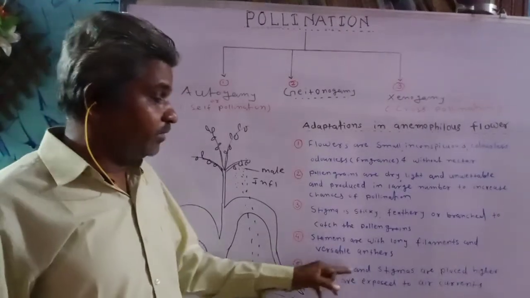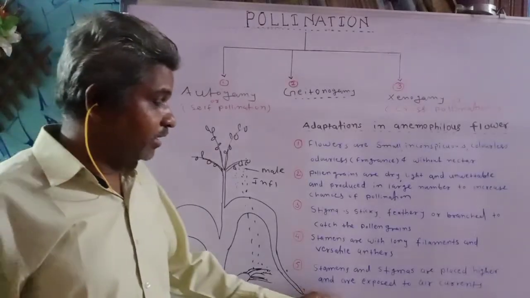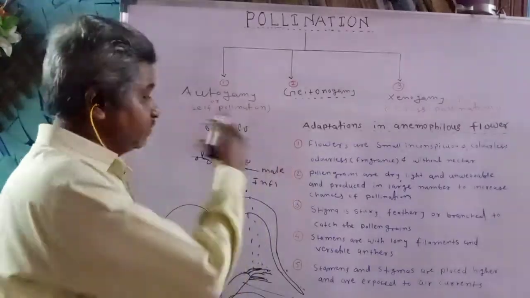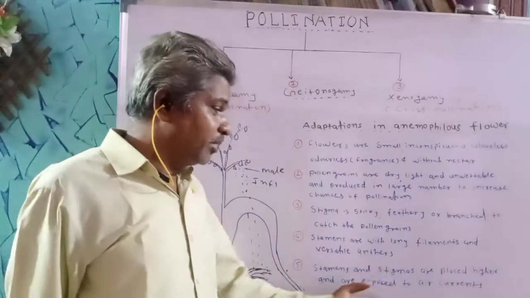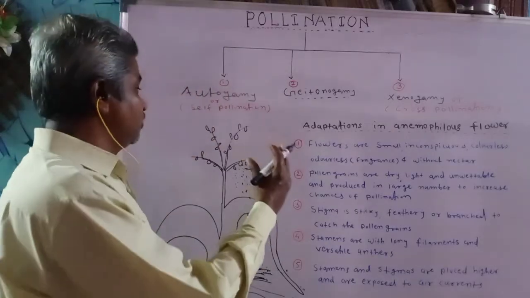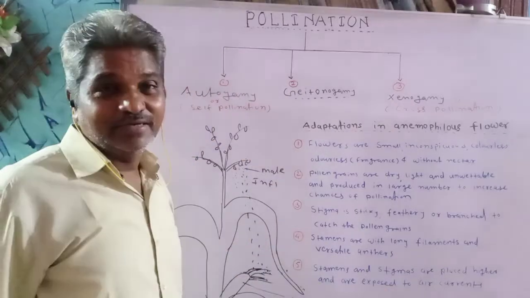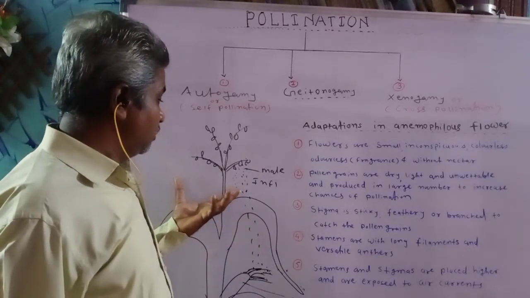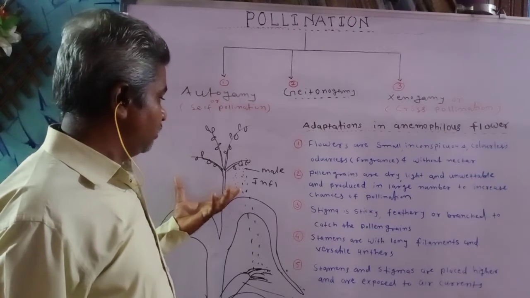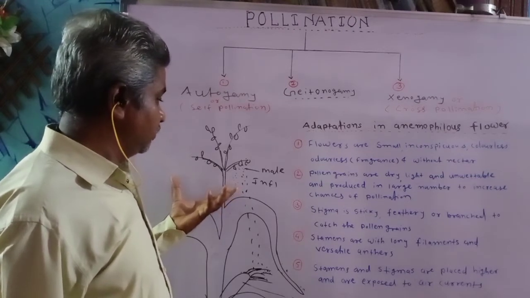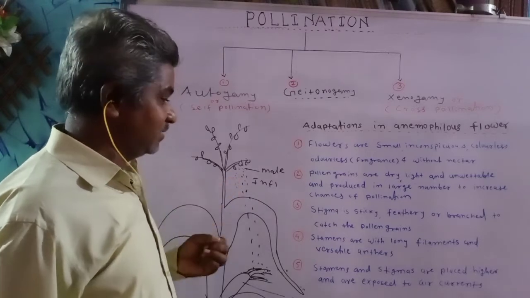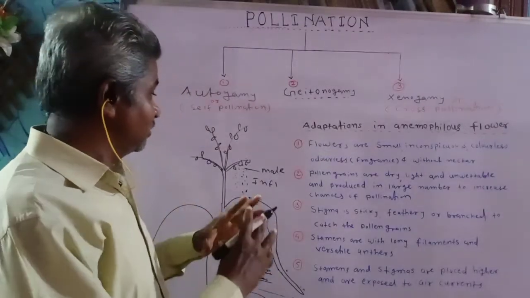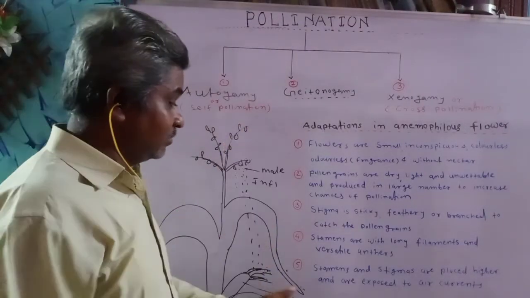So in this way, stamens and stigmas are placed higher and are exposed to air currents. What is the purpose of such an arrangement? They are easily exposed to air, which means they are in contact with the air.